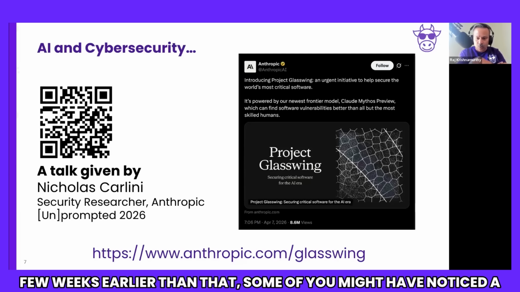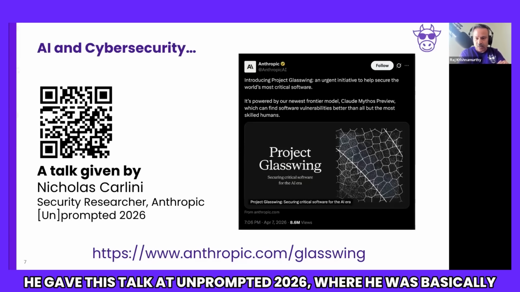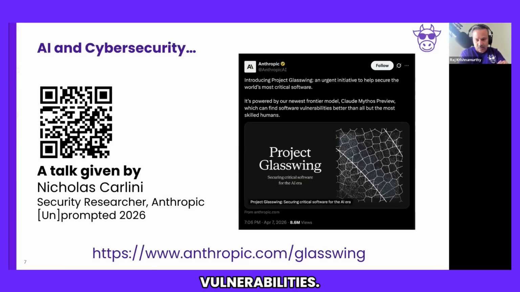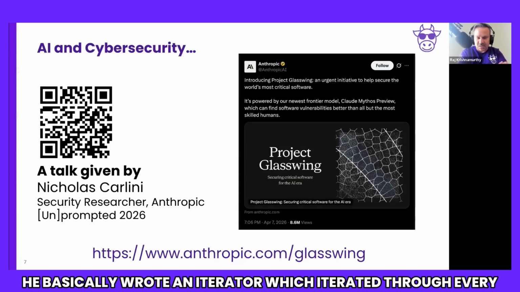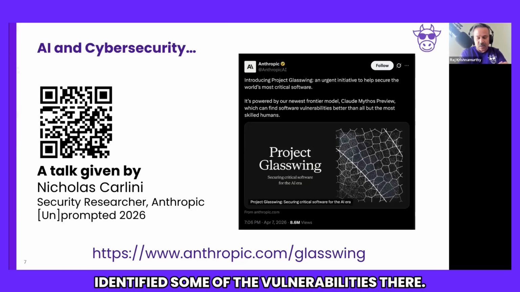A few weeks earlier than that, some of you might have noticed a talk by Nicholas Carlini. He gave this talk at Unprompted 2026, where he was basically using a Claude model to automatically determine vulnerabilities. The way that he did this was super simplistic. He basically wrote an iterator which iterated through every single file system on the Linux kernel, and it identified some of the vulnerabilities there.